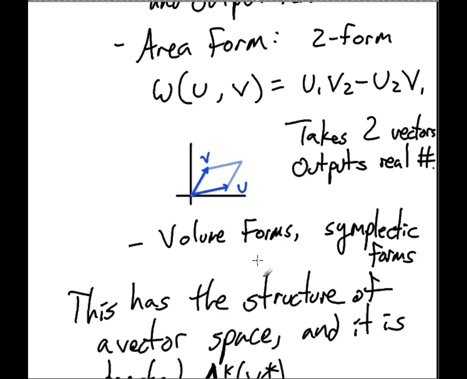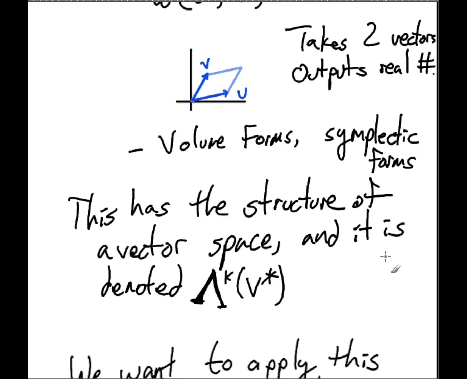Other relevant forms, we can talk about volume forms. If you want a generalization of this, you can talk about the volume of a parallelepiped. And symplectic forms are also common. Overall, all of these kinds of forms take on the structure of a vector space. So when we see capital lambda to the k, V star, V is the vector space that we're dealing with, the vector space that we're going to eat vectors from.